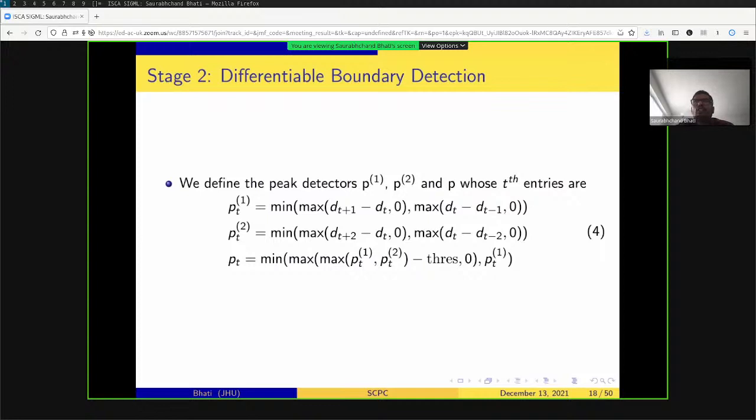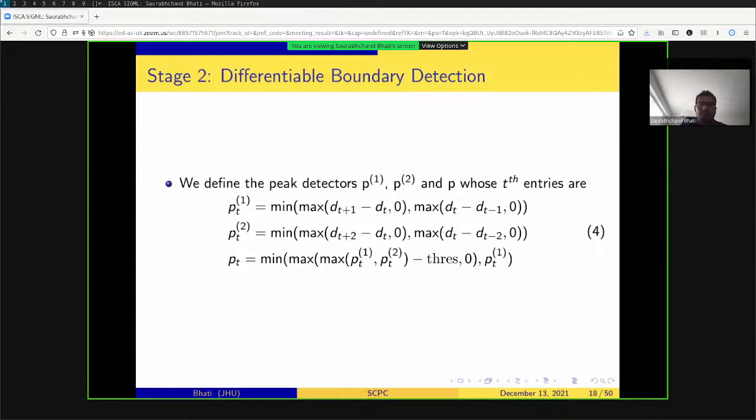If we were doing it outside, we could simply compare dt with dt plus 2 and dt minus 2. Now we compare dt with dt plus 2 and dt minus 2, and this entire term will evaluate to something positive if dt is indeed greater than t minus 2 and t plus 2, and 0 if it's lower than either of them. And then we have this third equation, which is essentially combining the evidence from PT1 and PT2.